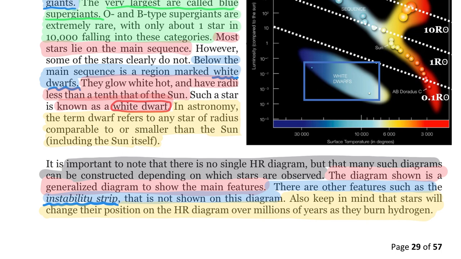Once again, keep in mind that stars will change their position on the HR diagram over millions of years as they burn their hydrogen. Remember, these stars are burning hydrogen into helium. But as stars get heavier, they start to burn using the CNO cycle, burning heavier elements.